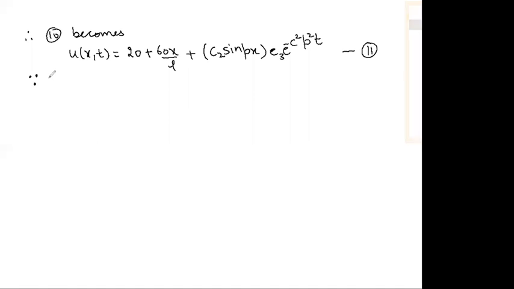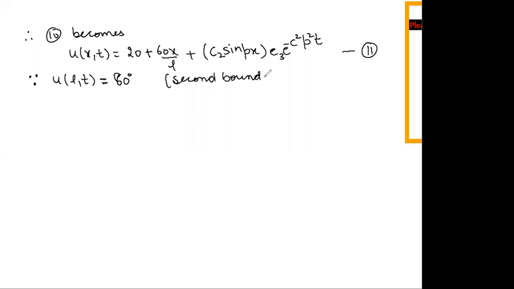Now u(L,t) is our second boundary condition. This is where the temperature is 80 degrees Celsius.